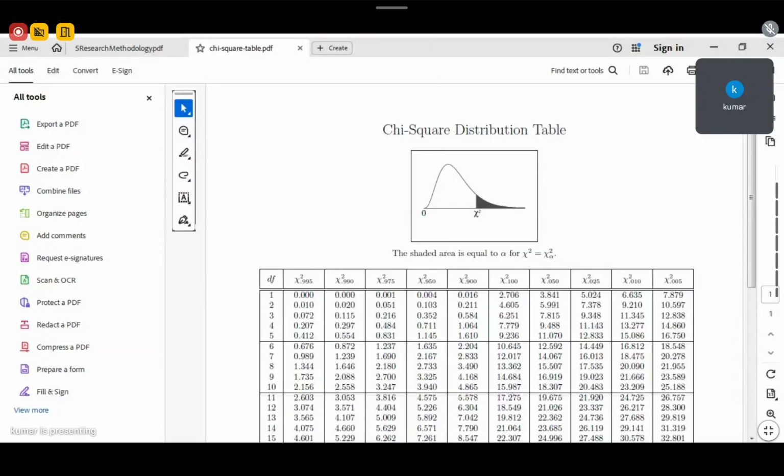Okay. So first column, first value is 1. That is degrees of freedom. You move to column number 1, 2, 3, 4, 5, 6, 7. Chi-square 0.05 is there, no?